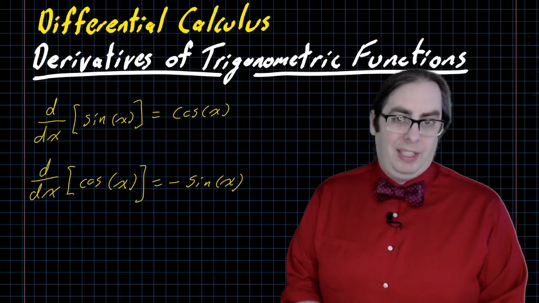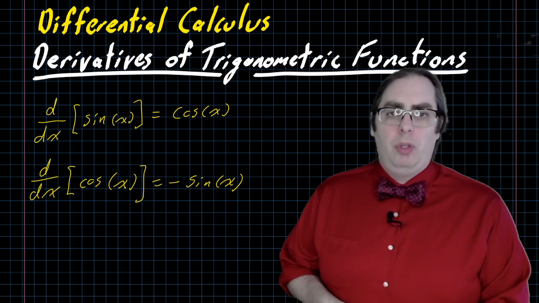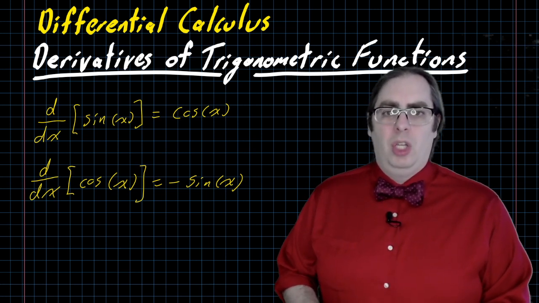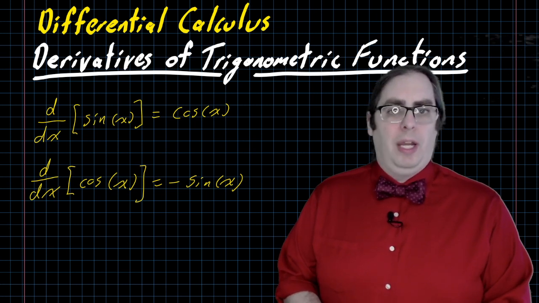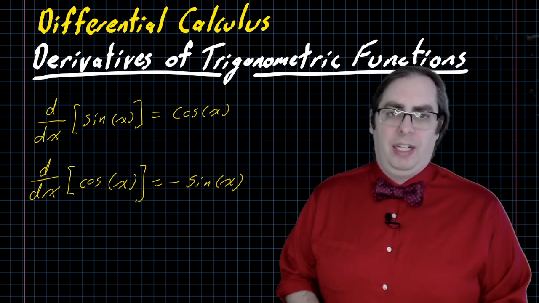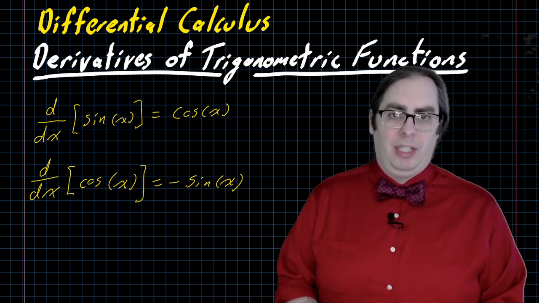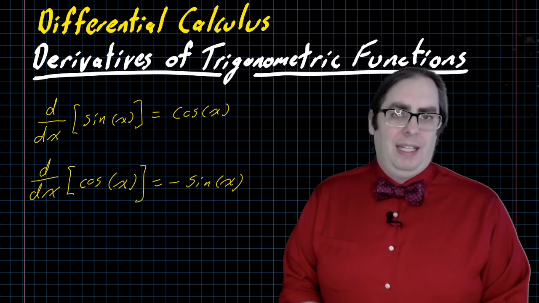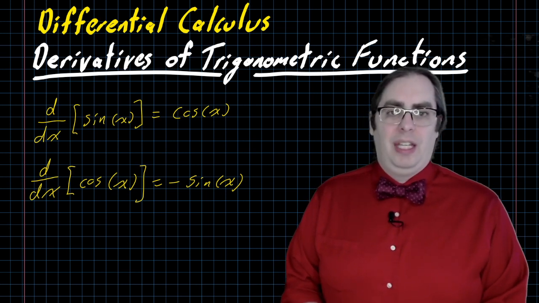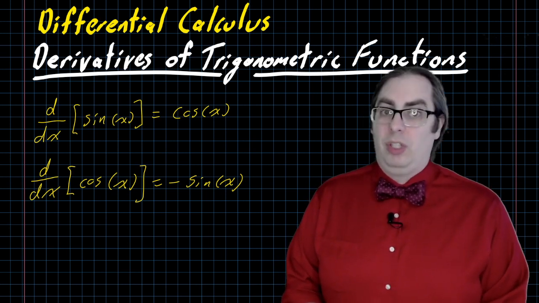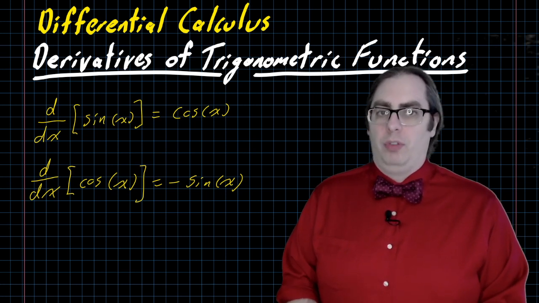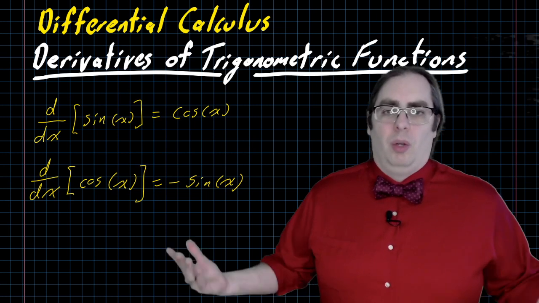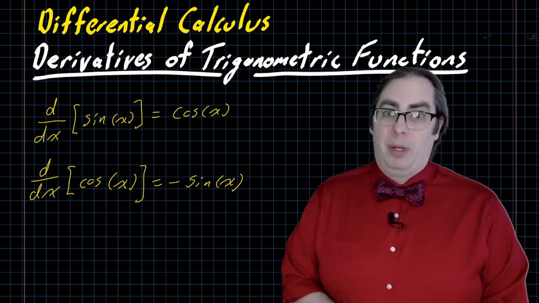Like I said, it's very tedious, but for anyone who's going to continue onward, at the end of the second semester of calculus, you will learn another way of thinking about sine and cosine beyond the trigonometric definitions that you're accustomed to. And in that light, taking the derivative of sine to get cosine is going to be very easy to prove. So if you really are anxious and you really want to see how this proof works, wait around for another semester and a half and I promise we'll get there.